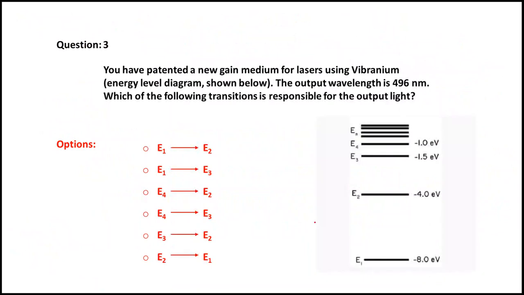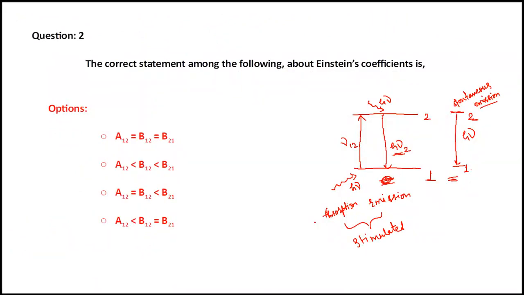So in any case, the value of A should be greater than B. So I assume there is something wrong in one of the options. I think somewhere I just wrongly typed the answer.